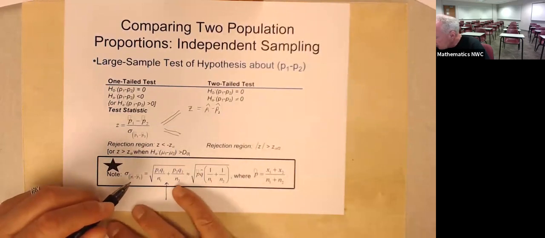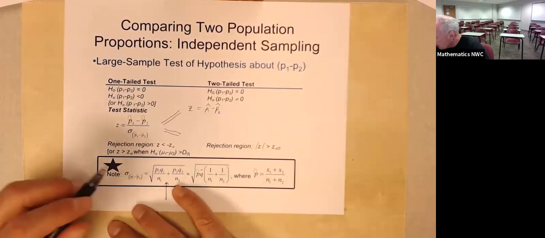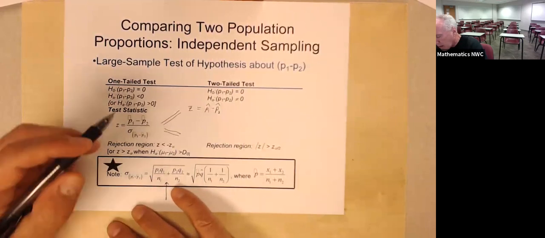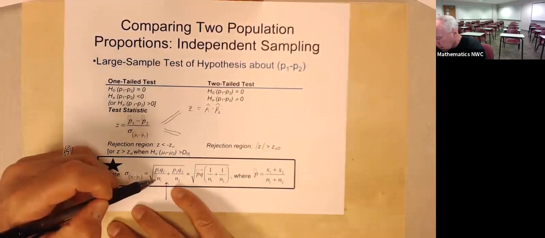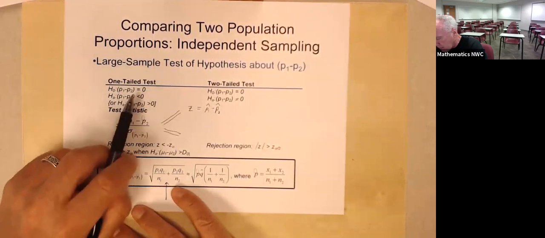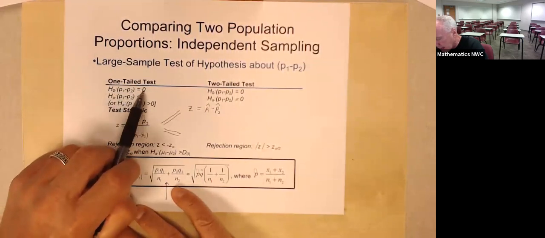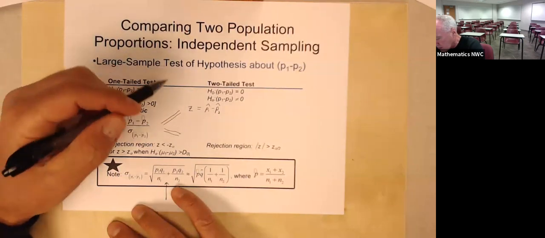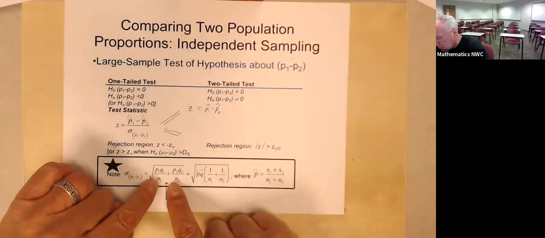And we're going to go with this one when our hypothesized difference is not set to 0. What I mean by that is that when this null is not set equal to 0, the alternative is not set equal to 0, then we use this denominator.